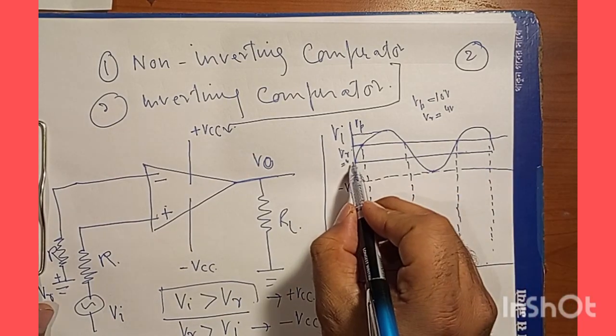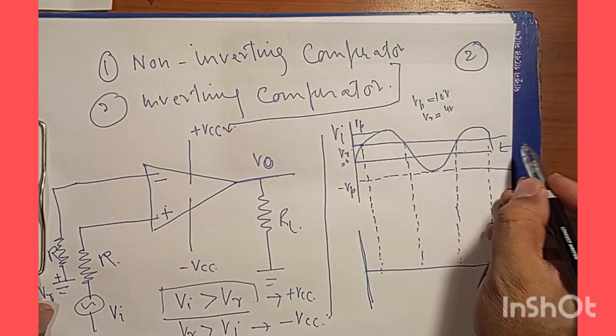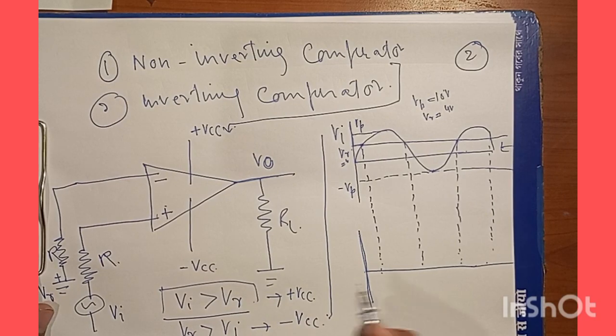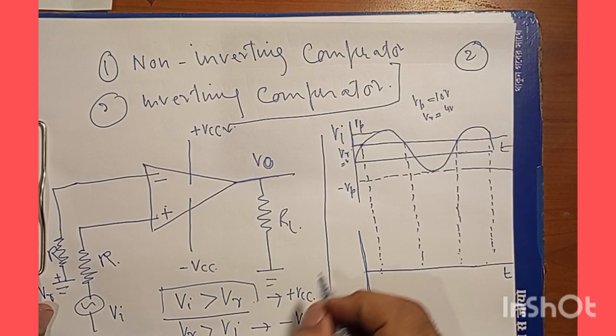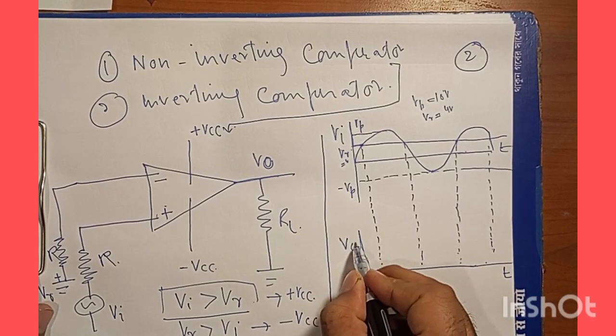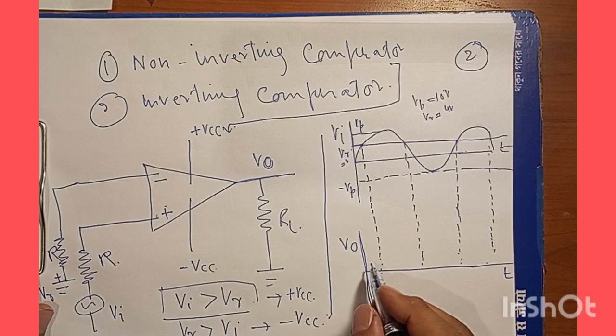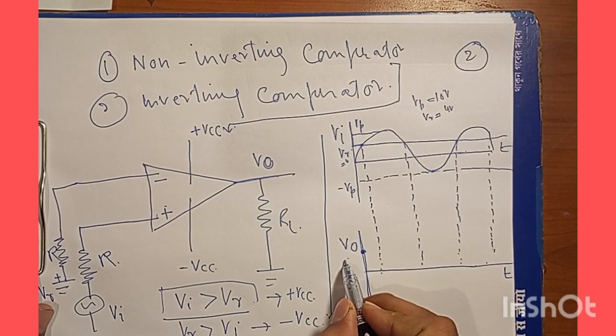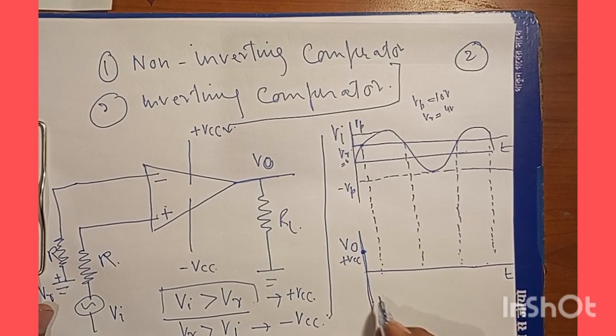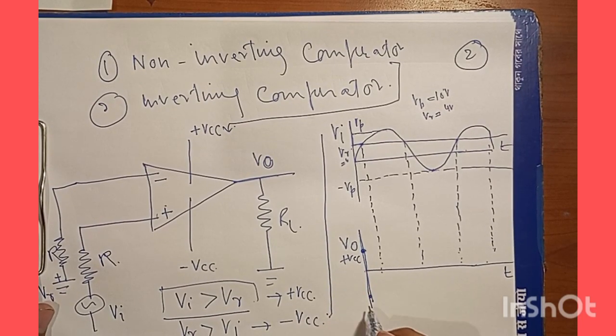Now this is my time axis, so this is T, and this is Vout. Okay, now here we have plus VCC and here we have minus VCC.